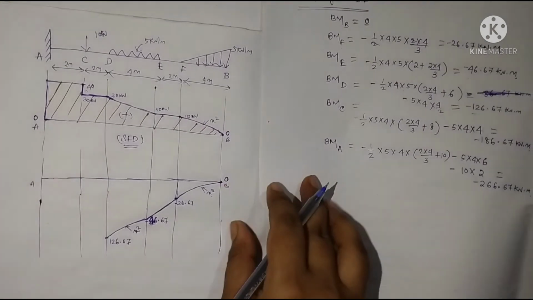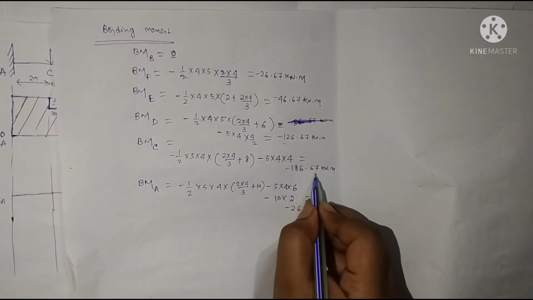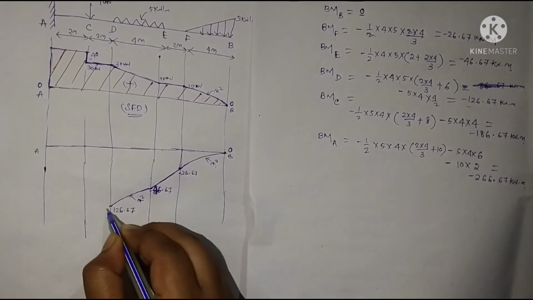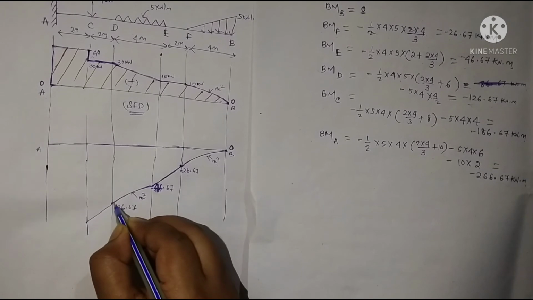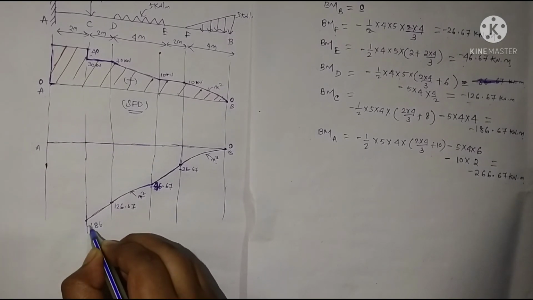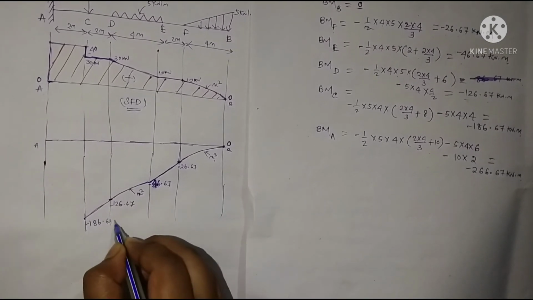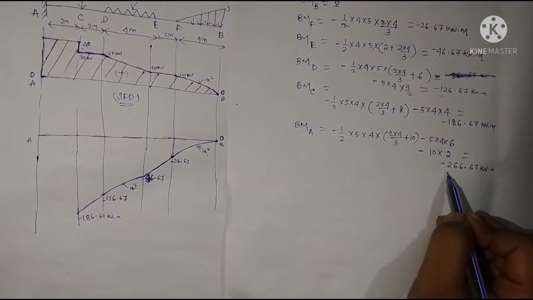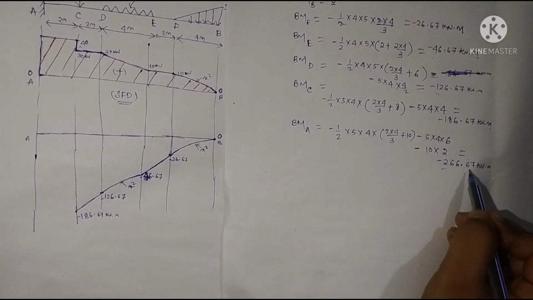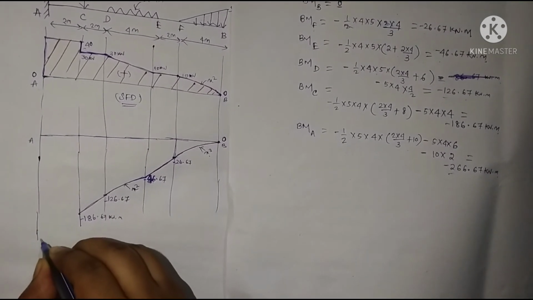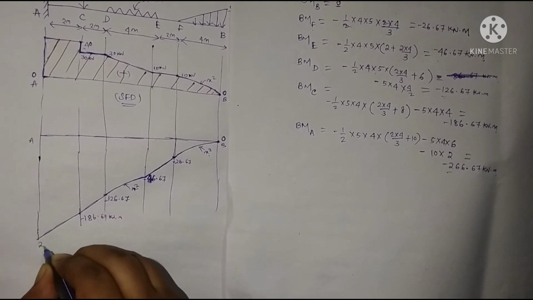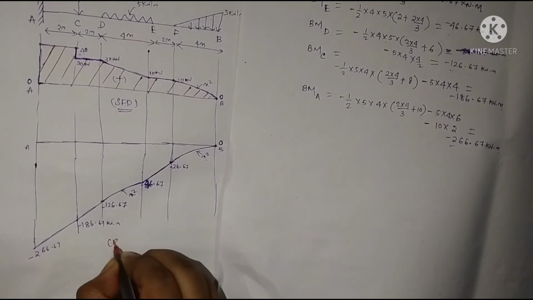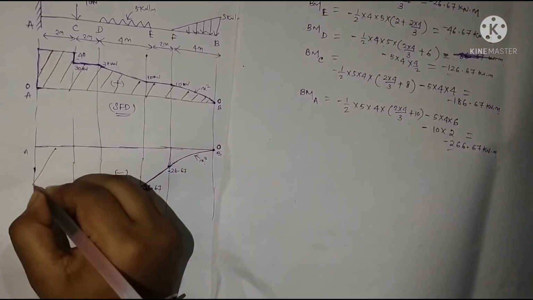Now at point C, our bending moment will be minus 186.67 kilonewton into meter, and here it is connected with a straight line. And now at point A, our bending moment will be minus 266.67. Just connect it with a straight line. That is negative. Now we have completed drawing the bending moment diagram. These all are negative.